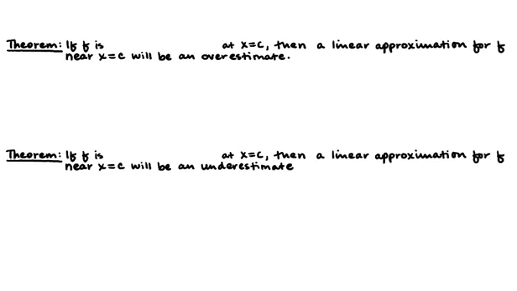All right. The other type of question they're going to ask you about linear approximation is, are we looking at an overestimate or an underestimate for the function? Now, what I'm going to do is just draw what I'm going to suppose is the tangent line. And this is going to be an overestimate.